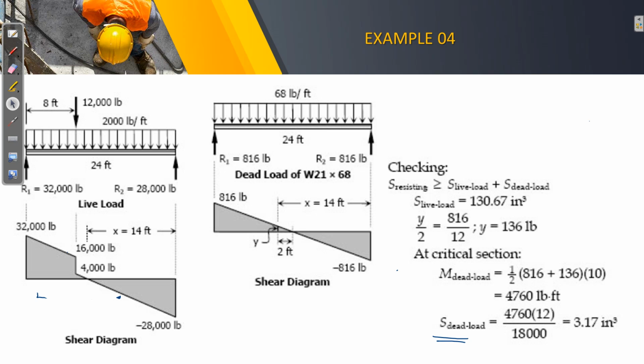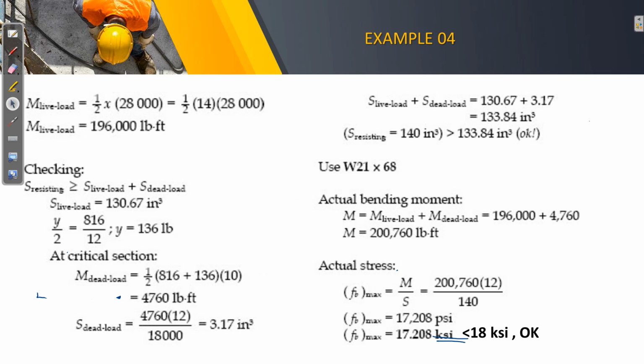So we proportion it, compute for the moment from the dead load and the S dead load, equivalent to 3.17 cubic inches. So remember that the moment from the dead load will be added to the moment live load, and this S dead load 3.17 will be added to your section modulus for live load.